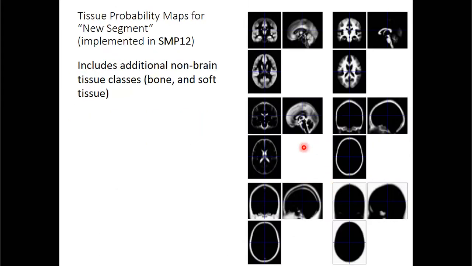In fact, there are more than 3 types of tissue. There are several extracranial tissue classes, which are also included in this part of the analysis. But we are interested mostly in the first 2, and that's why we need both the native and the DARTEL imported, affine registered images of those first 2 tissue classes.